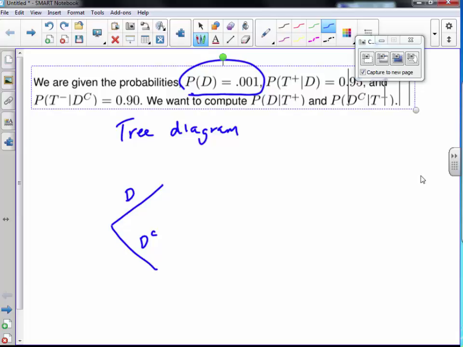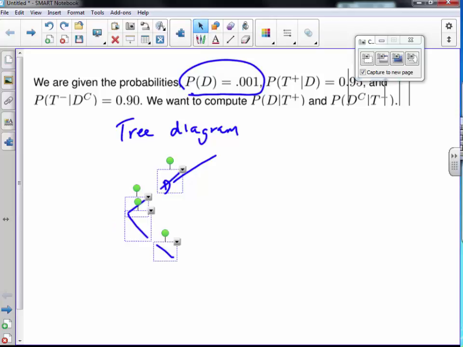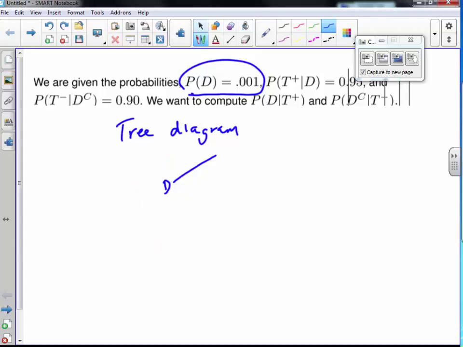Then you have T plus, T minus, T plus, T minus.